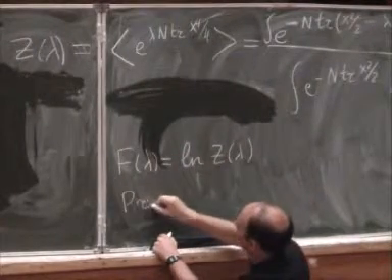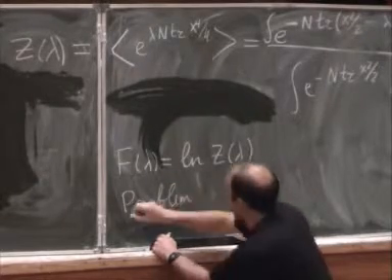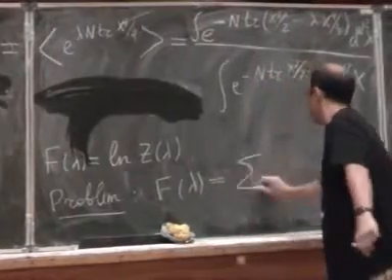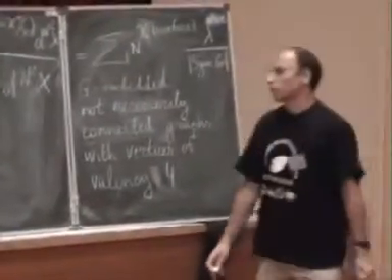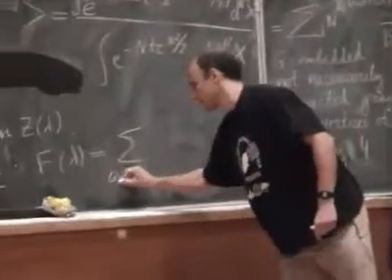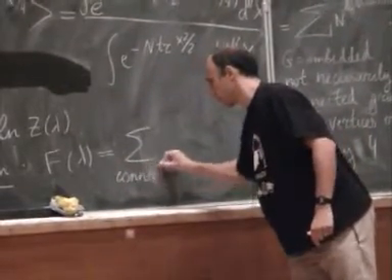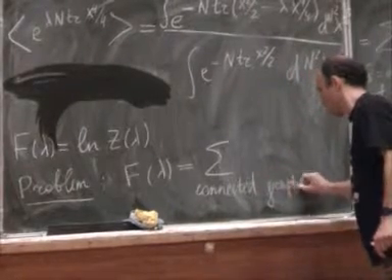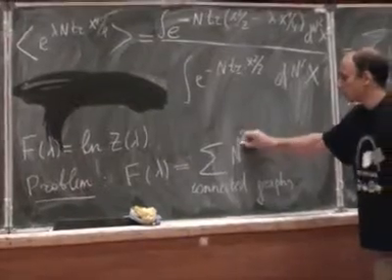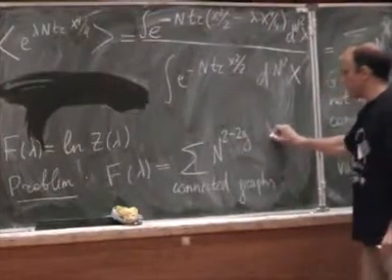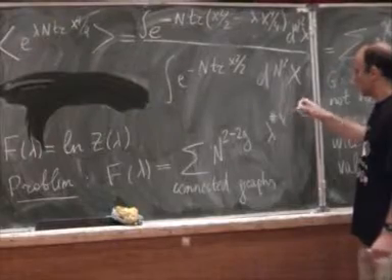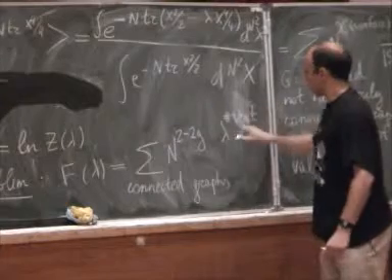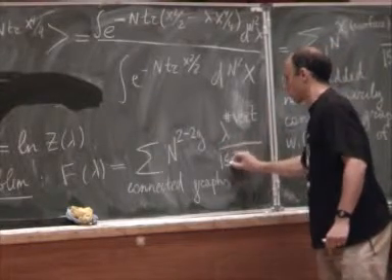So problem: prove that F of lambda is exactly the same sum, but a sum over the connected graphs. And now I can write N to the power 2 minus 2g, lambda to the power number of vertices, and divided by the number of symmetries of the graph.